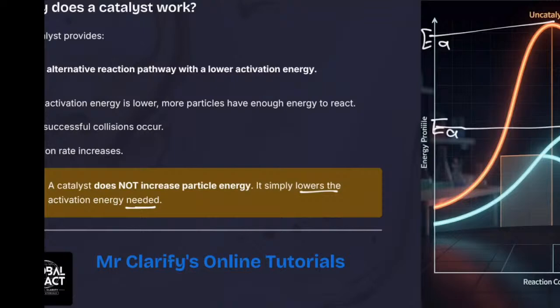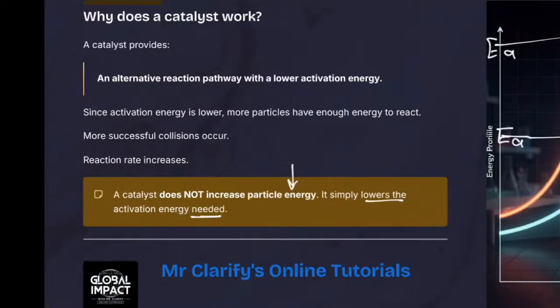Catalysts do not touch the particles. Don't talk about particles and catalyst in the same sentence. A catalyst will lower the activation energy, or it will provide a new path which has lower activation energy. So when activation energy is lower, more particles have enough energy to react.